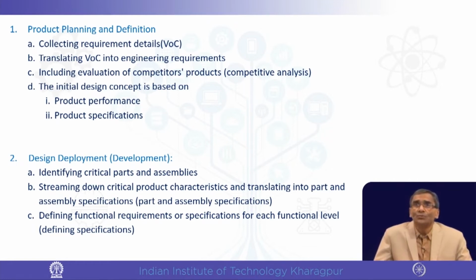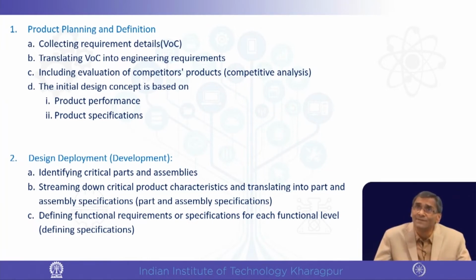During phase 2 the following activities are performed: identifying critical parts and assemblies or sub assemblies, then streaming down critical product characteristics and translating into part and assembly specifications, or part and assembly characteristics in short.